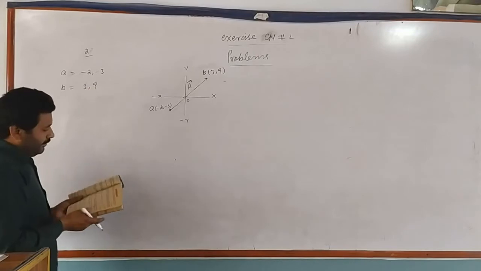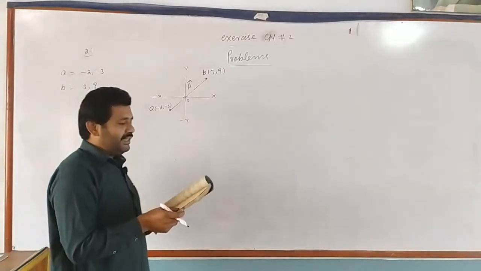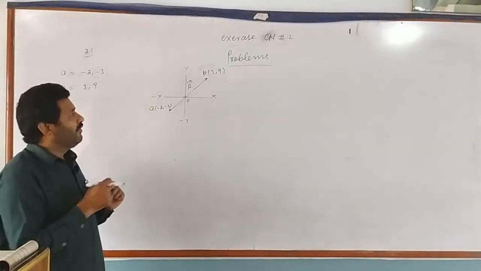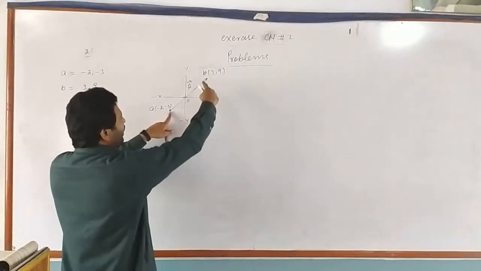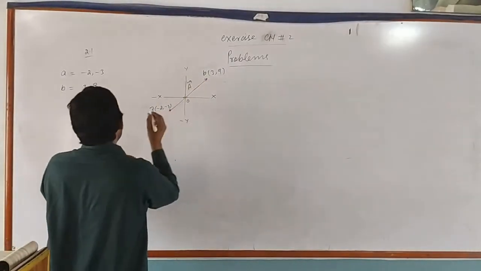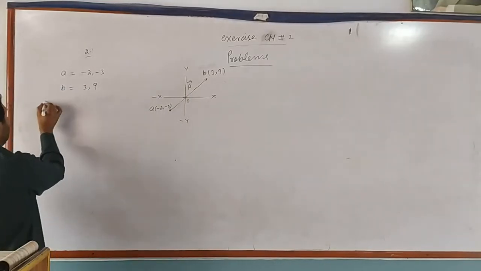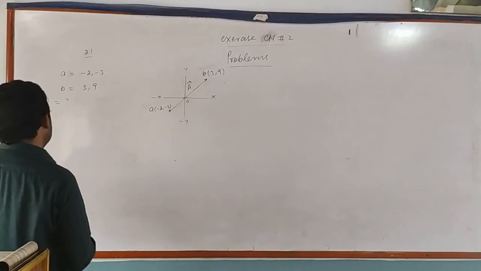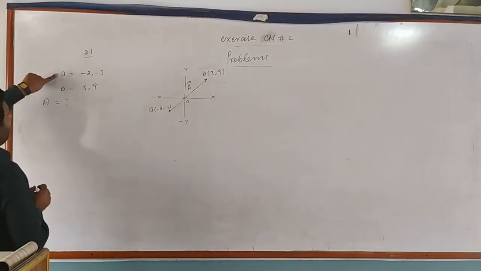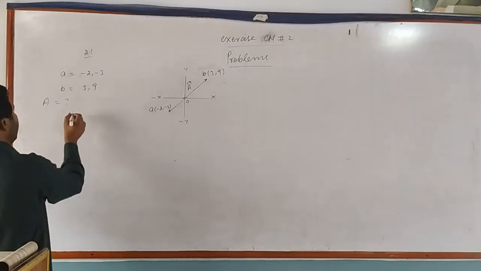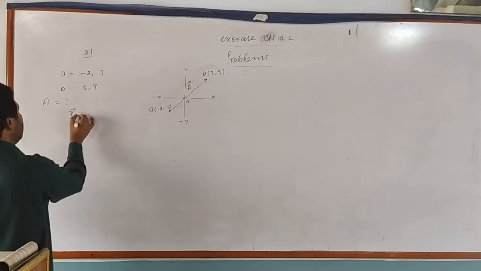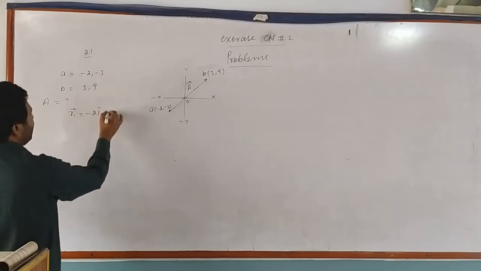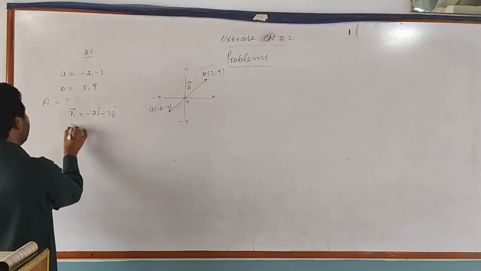We have to determine the distance between these two points A and B, meaning the magnitude of this vector A. First of all, we draw the position vector of point A. Suppose R1 will be -2i unit vector, -3j unit vector.